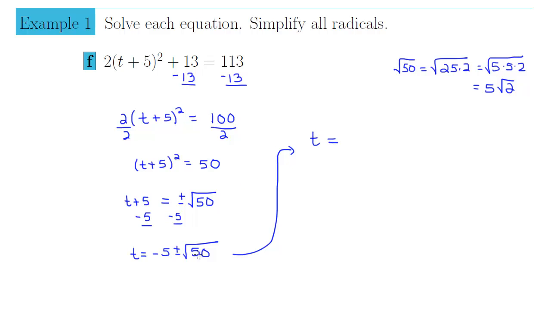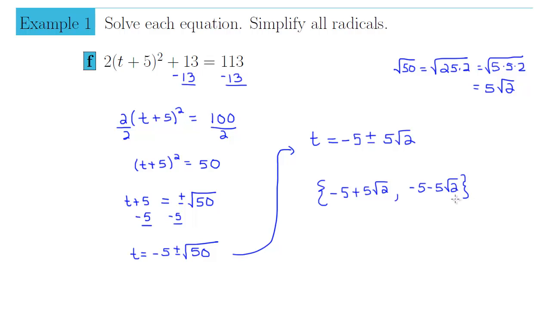Putting this back into our equations, we have t equals negative 5 plus or minus 5 times the square root of 2. Our solution set consists of the following two numbers: negative 5 plus 5 square root of 2, negative 5 minus 5 square root of 2.